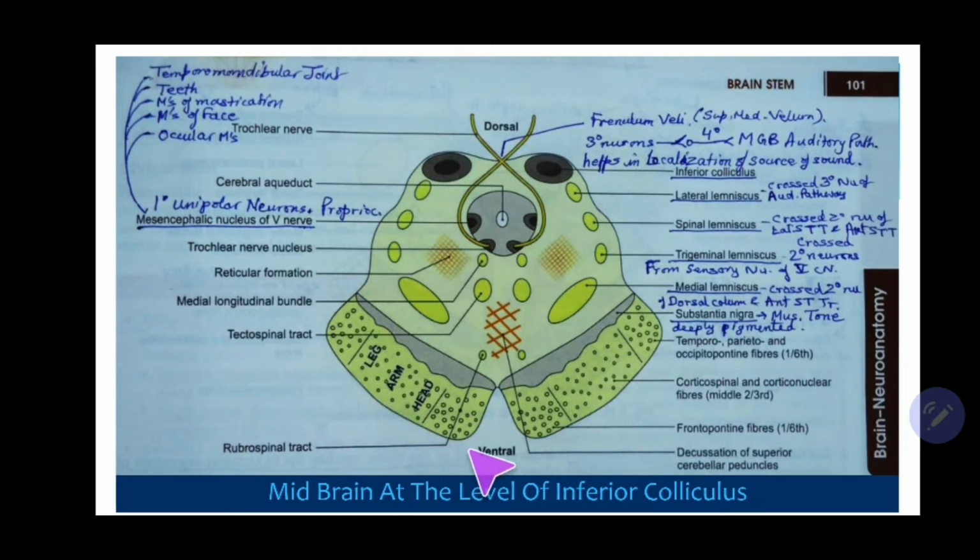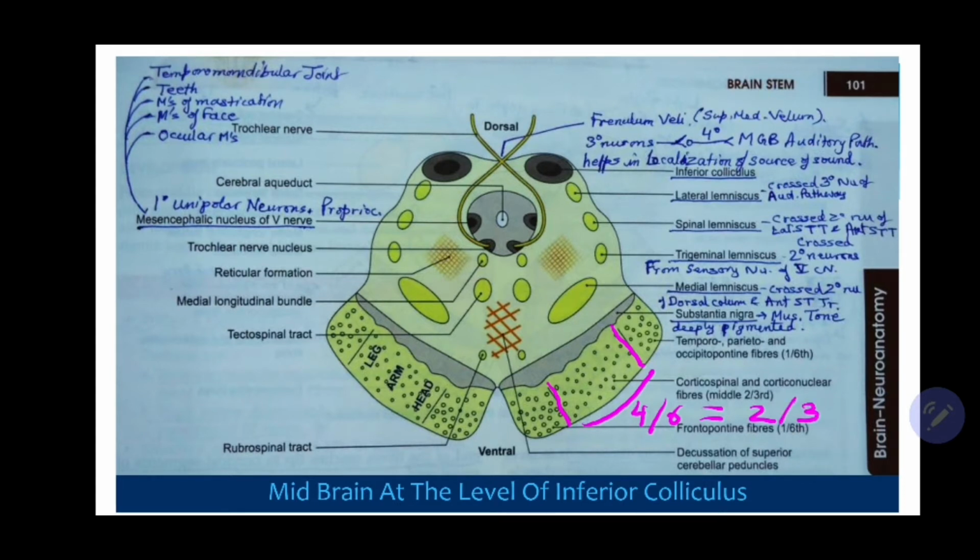If you divide this crus cerebri into six portions, then you'll find that the middle 4/6, that means the middle four segments, is equal to 2/3.